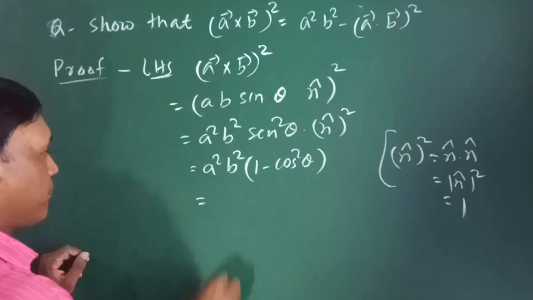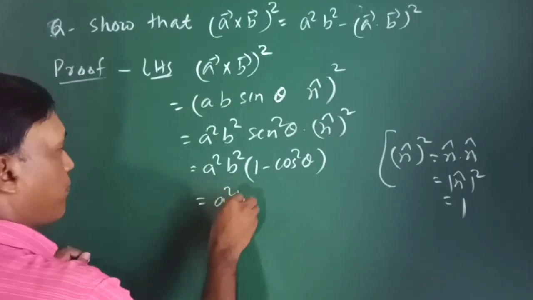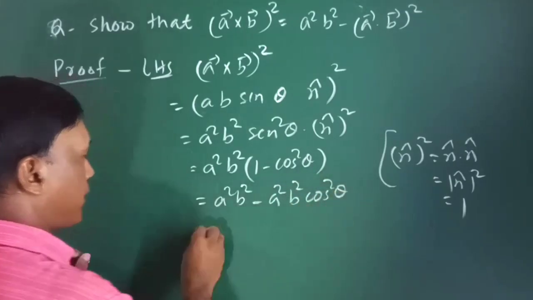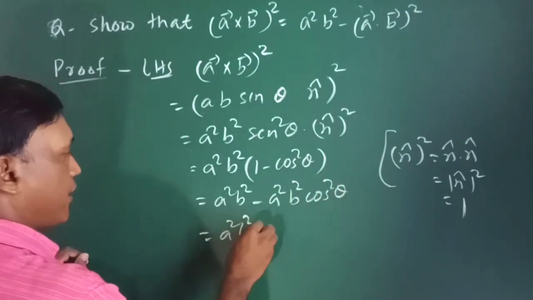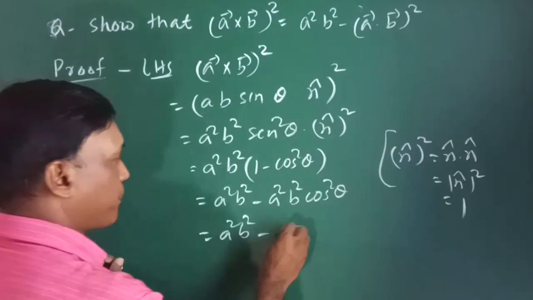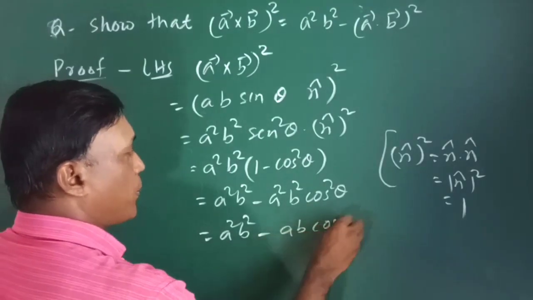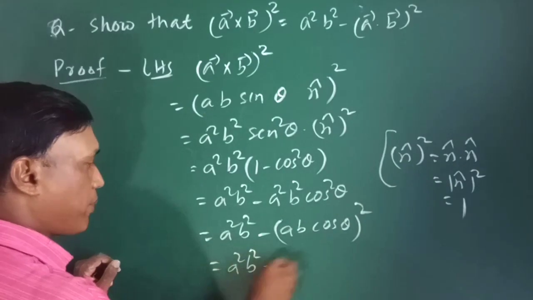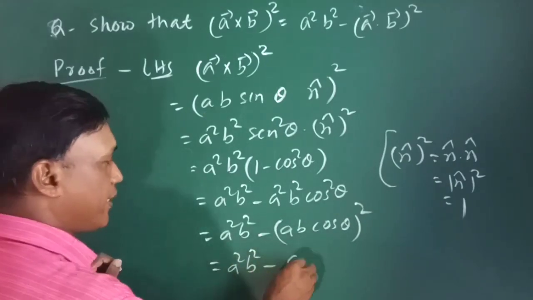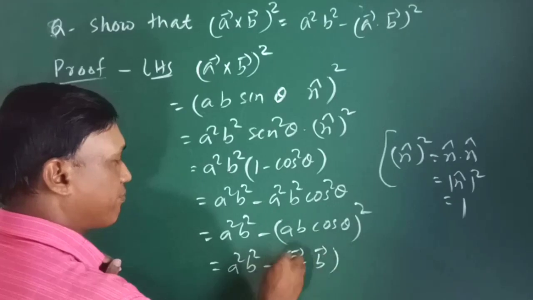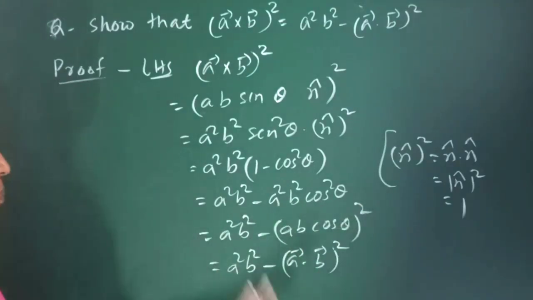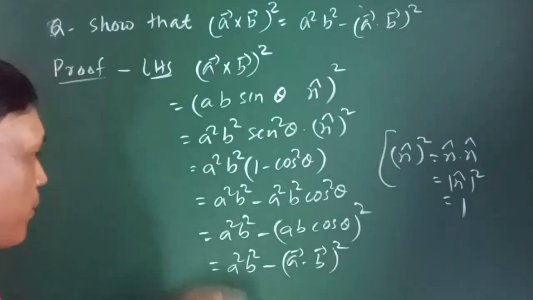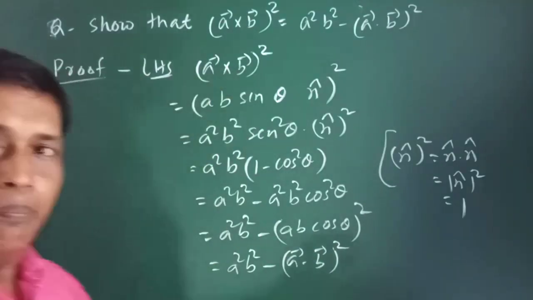So it is A square B square minus A square B square cos square theta, which is A square B square minus the square of AB cos theta, which is equal to A square B square minus the square of A dot B. So this question is proved.